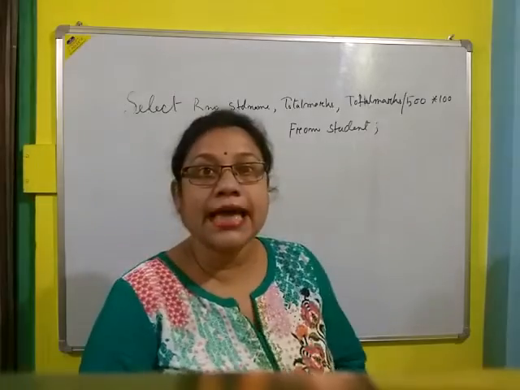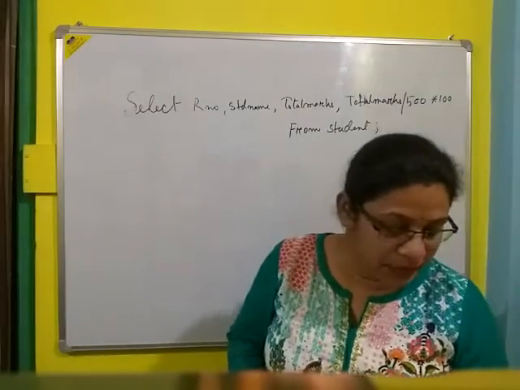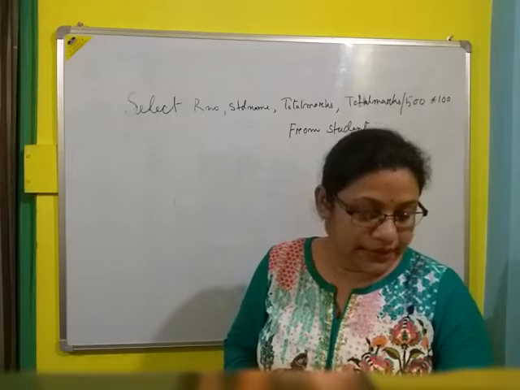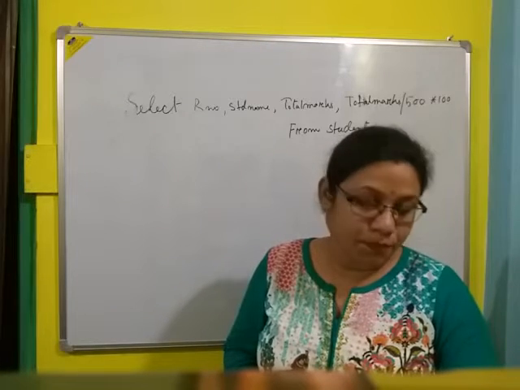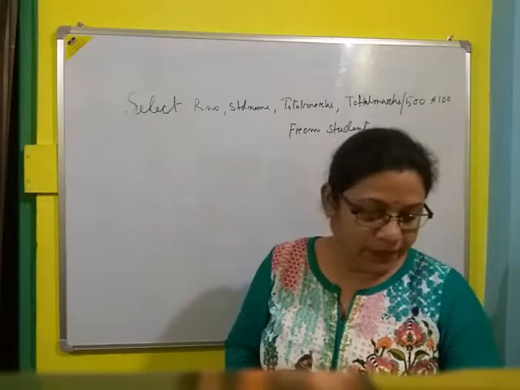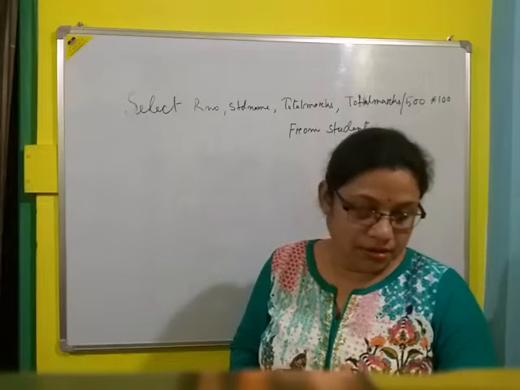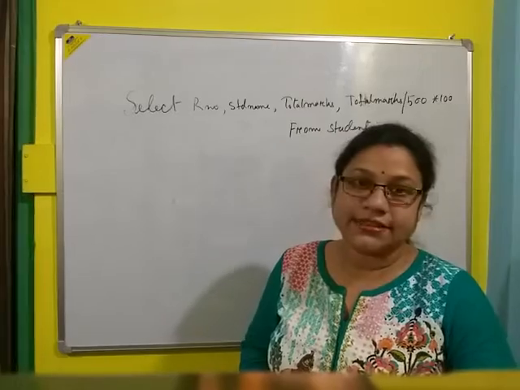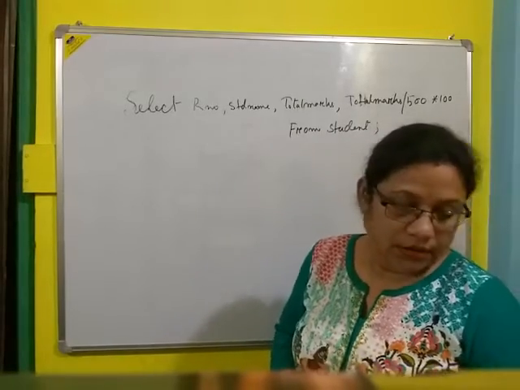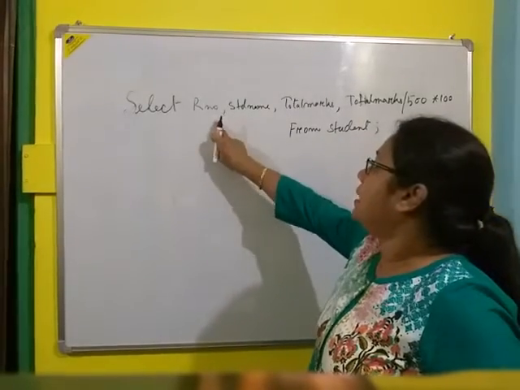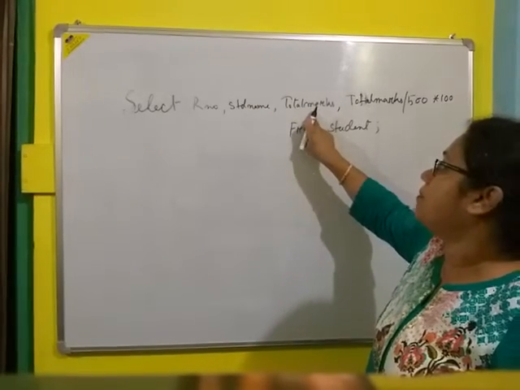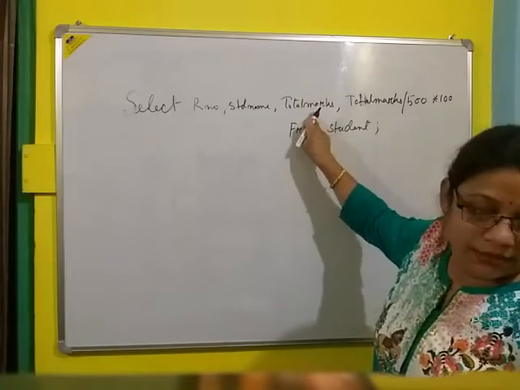You can notice the output in your book, that is figure number 12.30, calculation of total marks column. There you notice the column names roll number, student name and total marks.